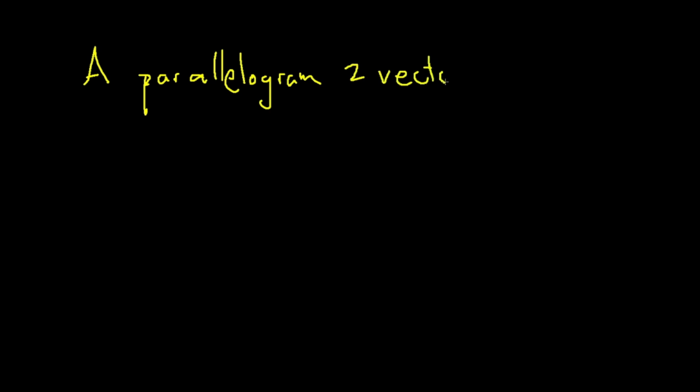Now, lastly, the last topic that I want to talk about is how we can find the area of a parallelogram using the cross product of two vectors. So when we have a plane, we're going to have our two vectors.